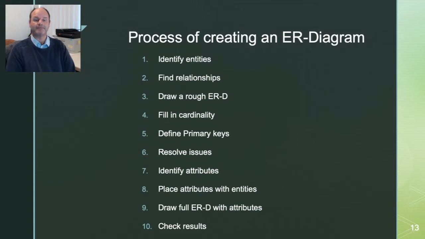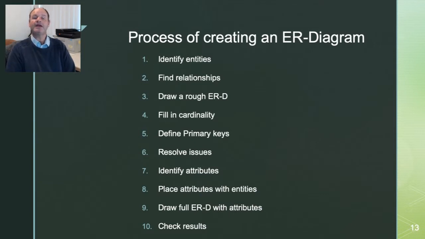Step 7. Identify attributes. This is where we name the fields which will be part of this ER diagram. Step 8. Map attributes. At this stage we match what attributes are going to be in which entity. Step 9.